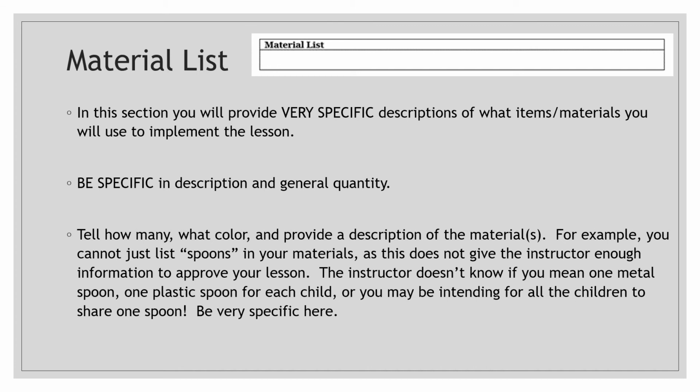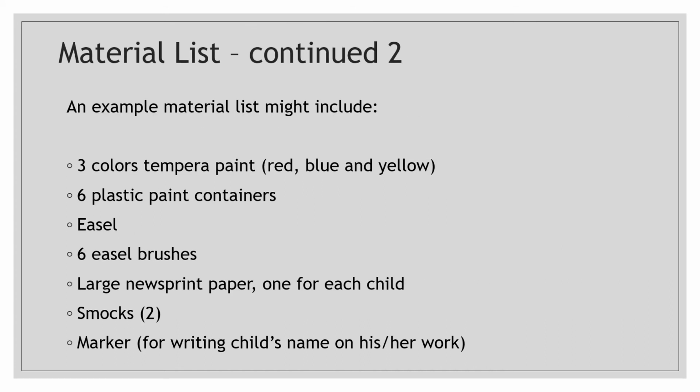For example, you cannot just list spoons in your material, as this does not give the instructor enough information to approve your lesson. The instructor doesn't know if you mean one metal spoon, one plastic spoon for each child, or you may be intending for all the children to share one spoon. Be very specific in the material list.